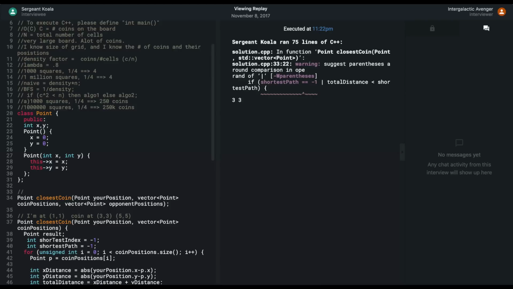Okay. Well, I initially think I still don't want to go for coins that are far away from me. I could essentially sort my list of coins by their distance from me, and then go through and calculate how close each of the coins is to an opponent.